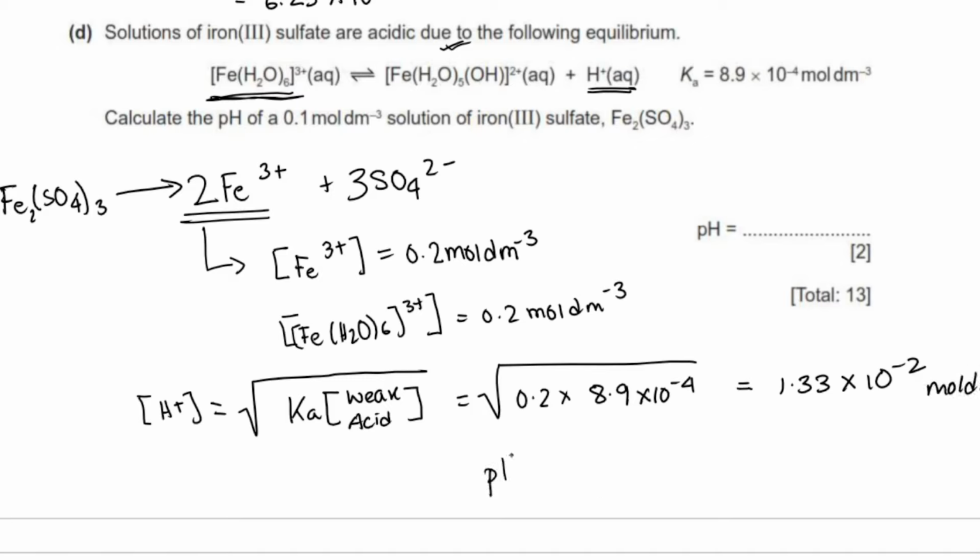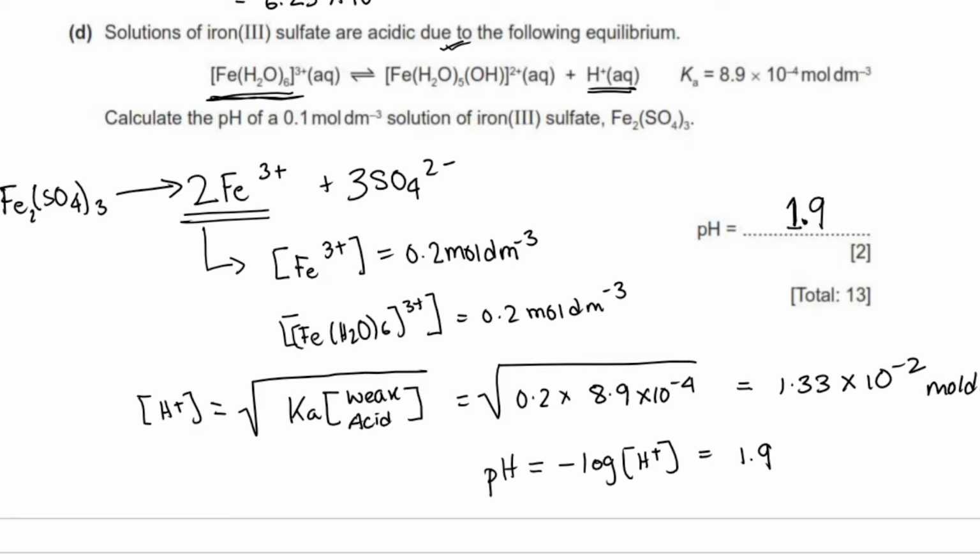So pH equals minus log H plus, which will give me 1.9. The pH of this solution is 1.9.